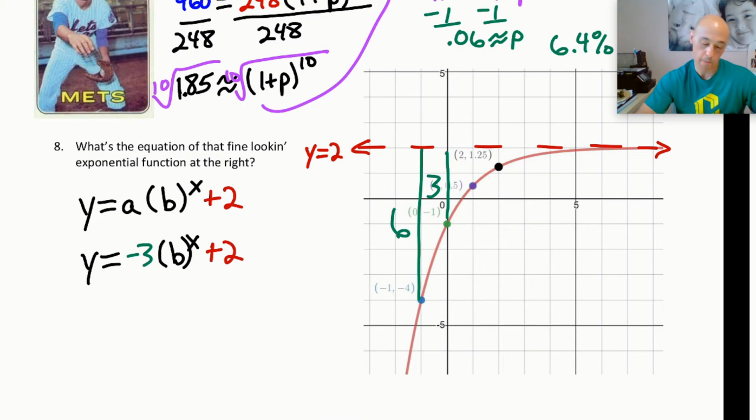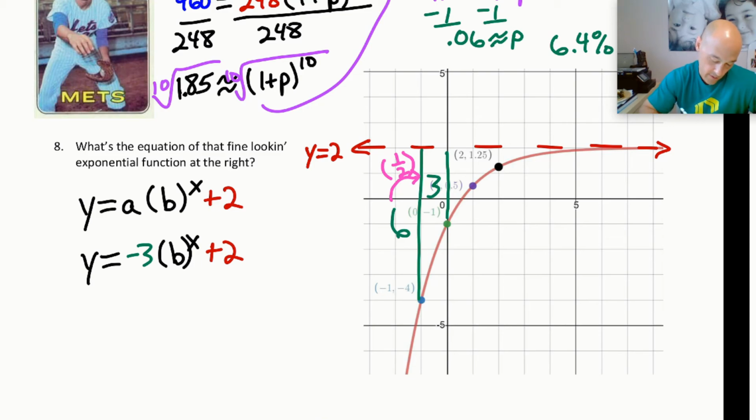So I'm reducing the distance from the point to the asymptote by half as I move to the right. That means that my b value is going to be 0.5. So multiplying by 1/2 or 0.5.